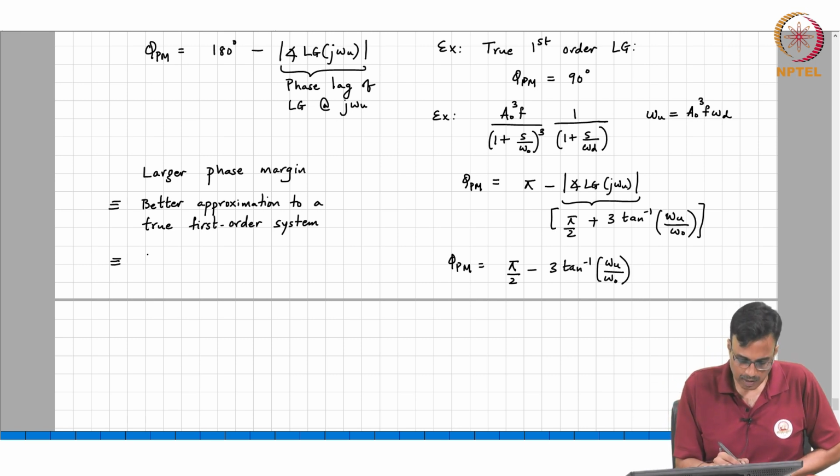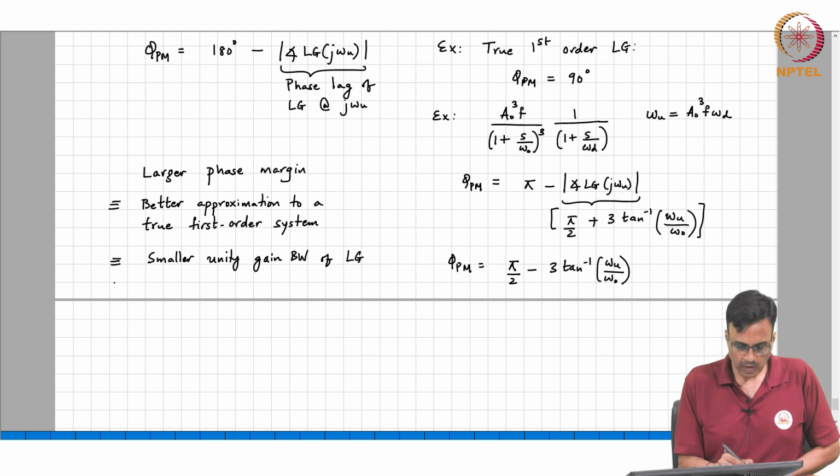So, basically it means a smaller unity gain bandwidth of the loop gain, which is equivalent to a lower closed loop 3 dB bandwidth.